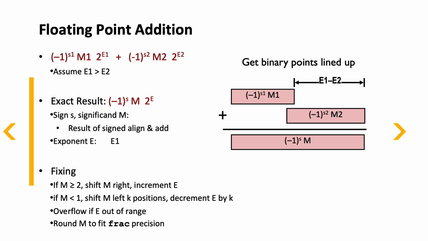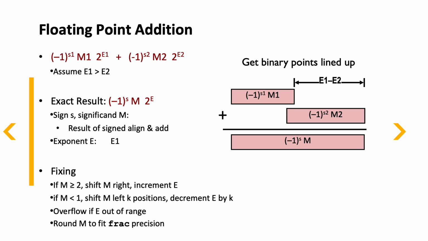If m is less than 1, we shift m to the left k positions, however many we need to get that implied leading 1 or 0, and then we'll decrement e by the number of places that we've shifted it. So if we shift m to the right, we increment e. If we shift m to the left, we decrement e. We overflow if e is out of range on either side. And then we round m to fit into the bits that we have available in our frac field.